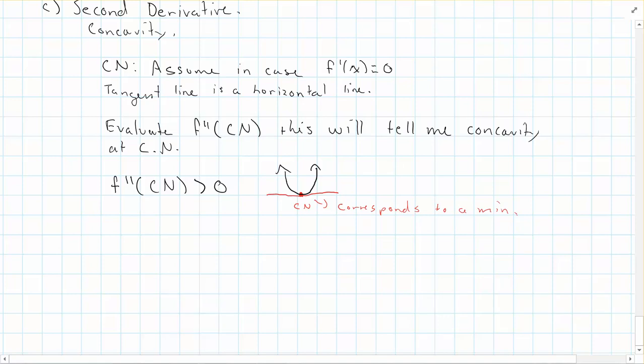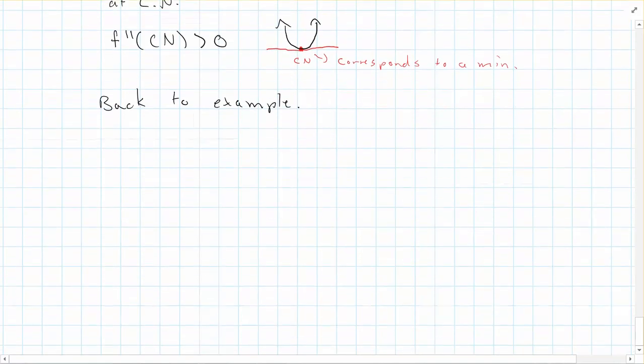Alright, so that's just giving you a little bit of background on how to do this. So now let's get back to the problem. So back to the example. We know that my critical number is x equals 10, and I'm going to write down what my first derivative was.